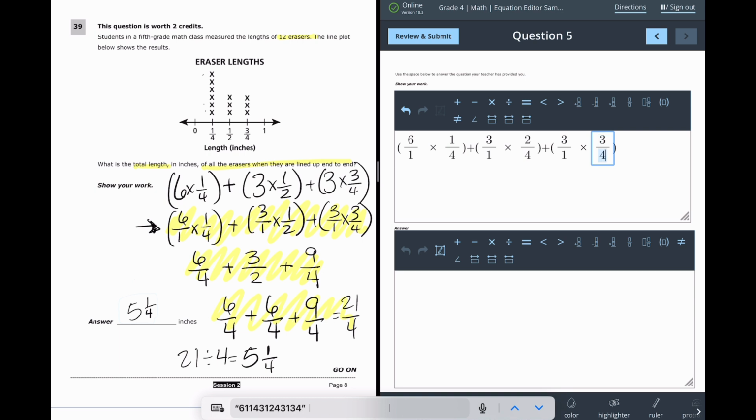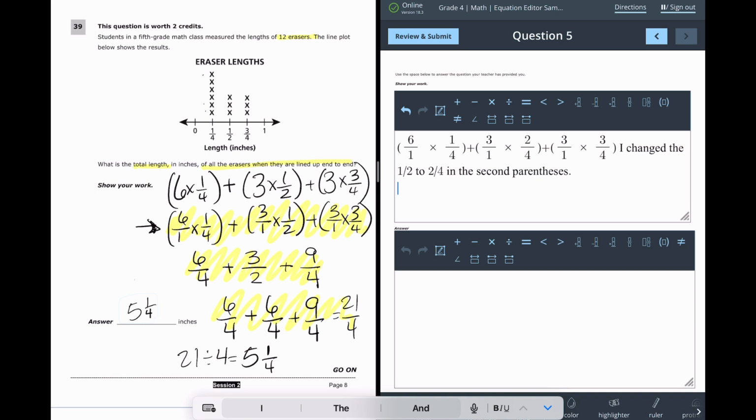And then I might even just put a little note here saying I changed the 1/2 to 2/4 in the second parenthesis, just in case anyone really wants to know why I did that. Okay, parentheses. There we go.